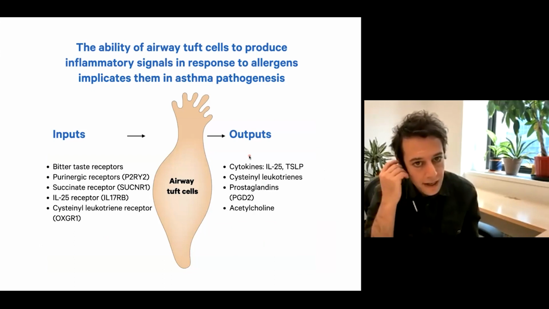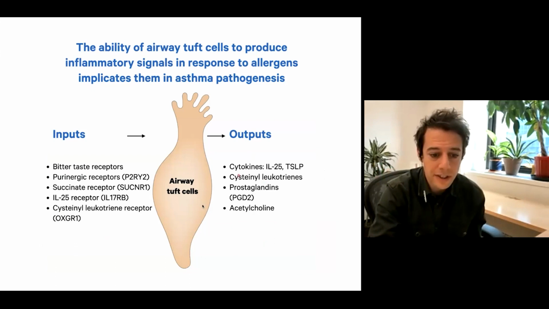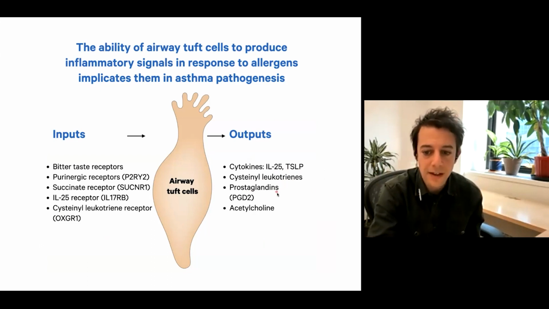And the ability of airway tuft cells to produce some of these inflammatory signals, particularly these cystine leukotrienes, but also cytokines, IL-25, TSLP, and other eicosanoids, is starting to implicate them in pathogenesis of inflammatory diseases such as asthma.